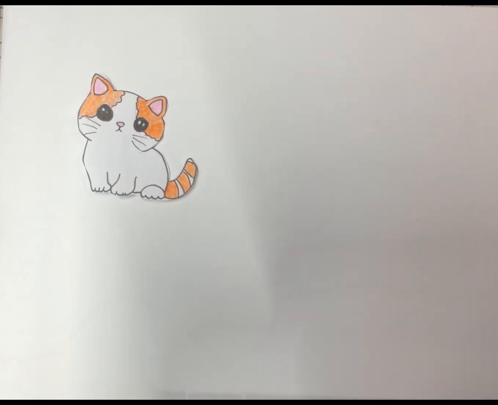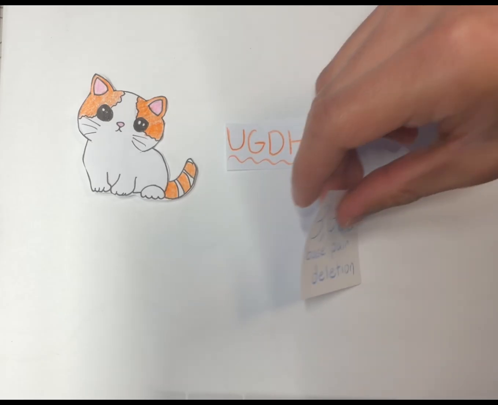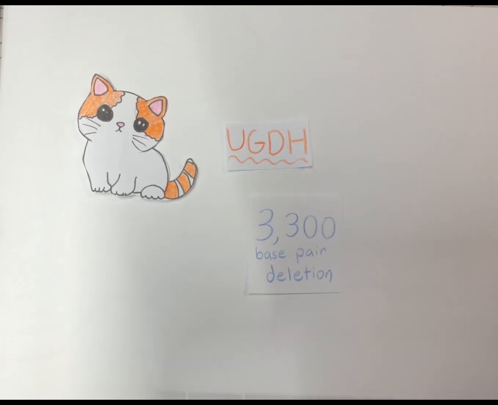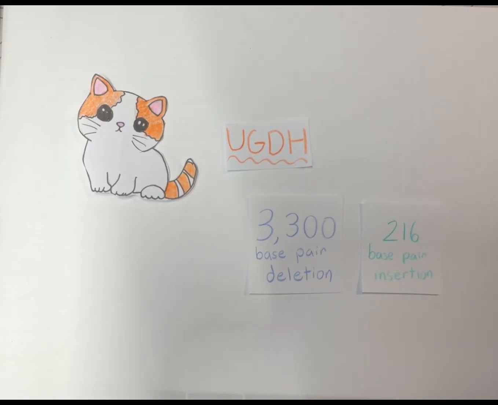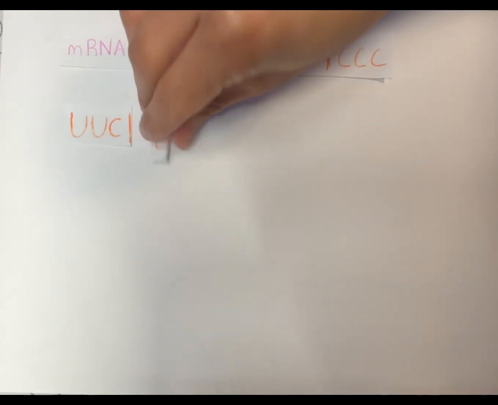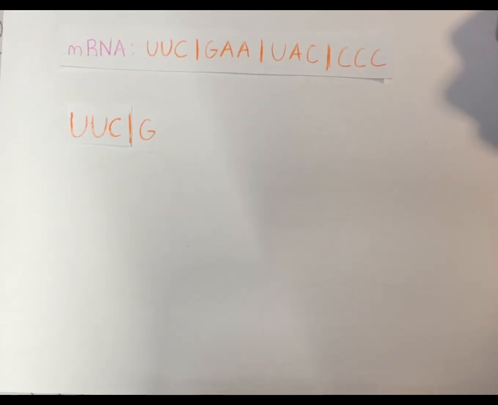Now in your case, Milo, your UGDH gene goes through the mutation of having a deletion of 3,300 bases and an insertion of 216 bases. This results in your UGDH being mutated. Now, this may be too much to think of in terms of numbers, but if we go back to our mRNA example, we could apply these same mutations to it.